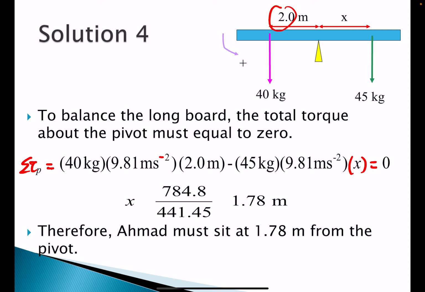So that makes x equal to 784.8 divided by 441.45, and you will get 1.78 meter. Therefore, Ahmad must sit at 1.78 meter from the pivot to ensure that the seesaw will be balanced.